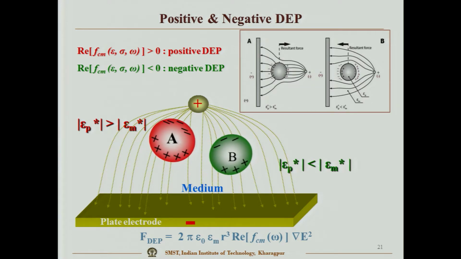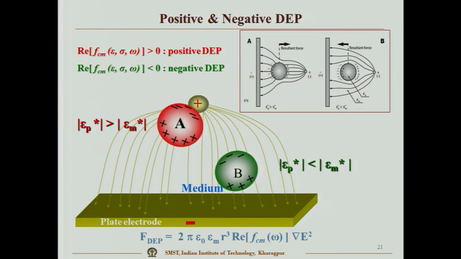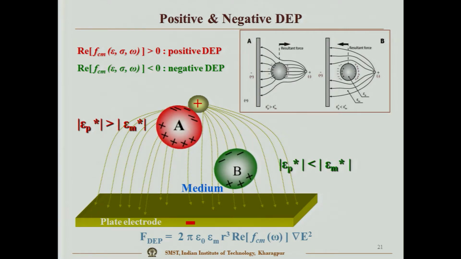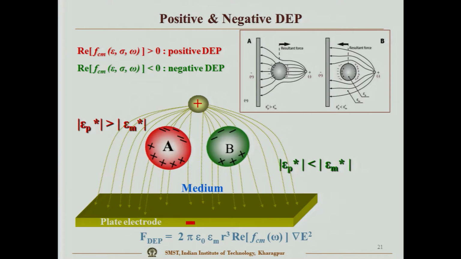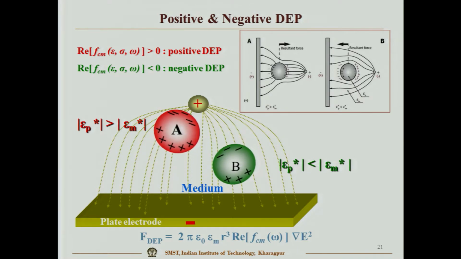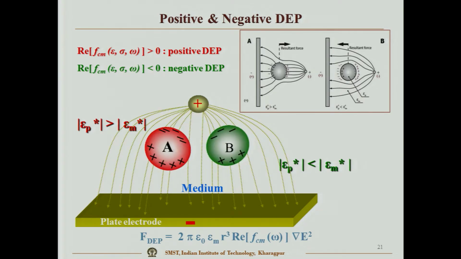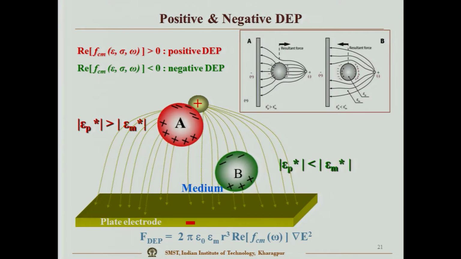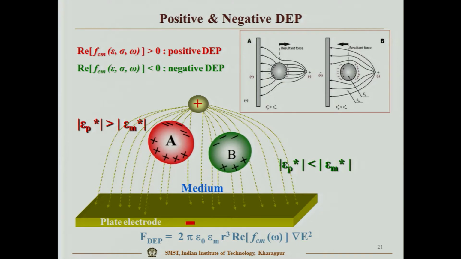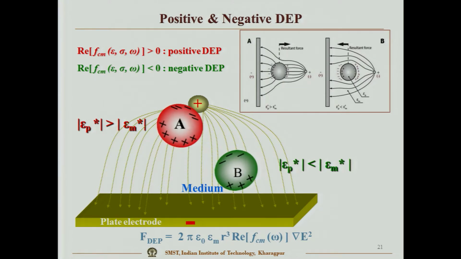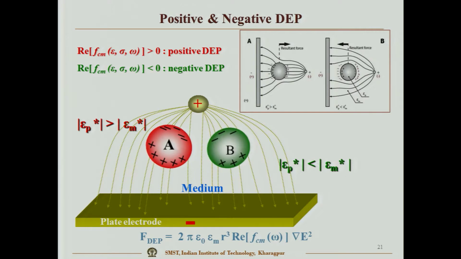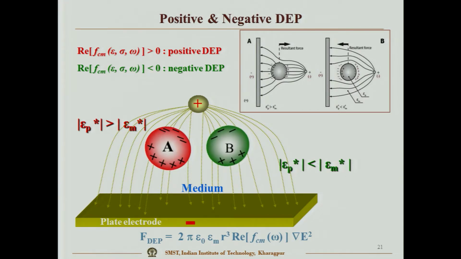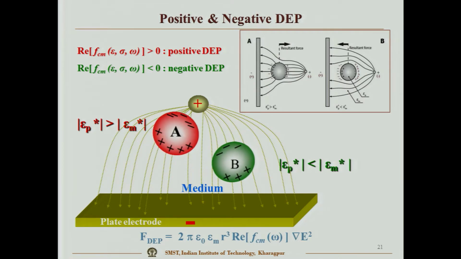and how much the force will be, or what the direction of the force is, will depend on the dielectric constant of the particle as well as the dielectric constant of the media, because both are in the equation. If the dielectric constant of the media is much higher than the epsilon value of the particle, then this particle will move in one direction, which is known as negative DEP.